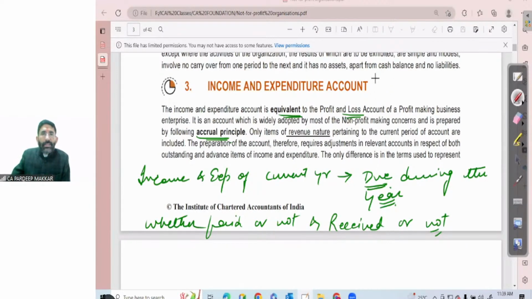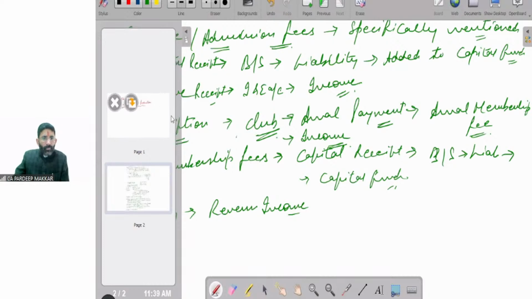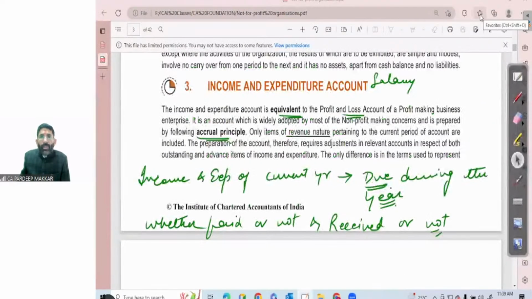Like the salary example I took in the last lecture, where we discussed the word salary. Do you remember that? I think that is not available with me for records, but you know we have already discussed practical question number 2 of our final accounts for profit undertaking.